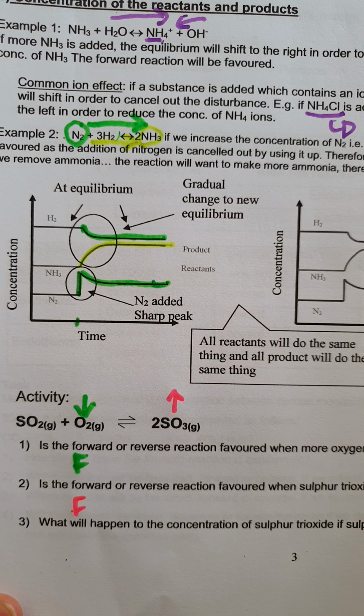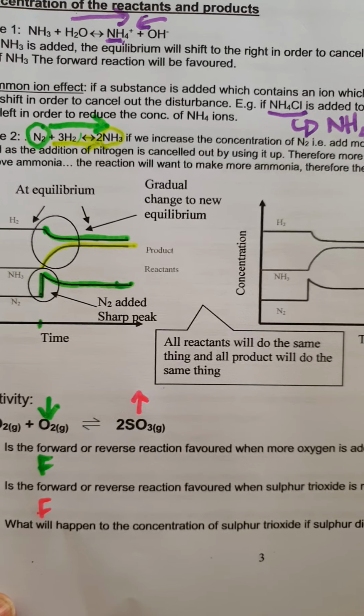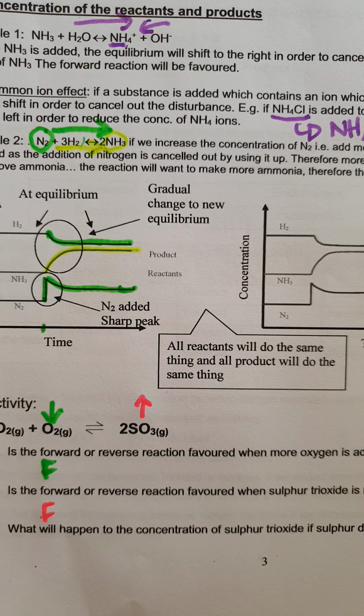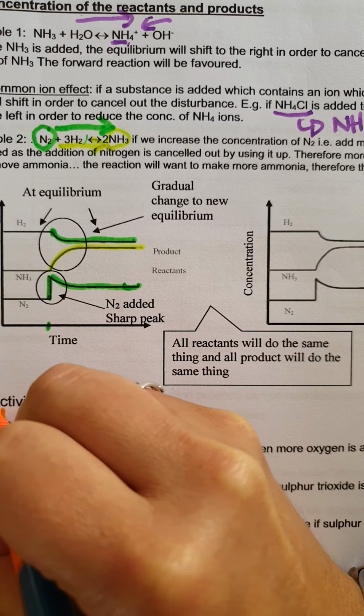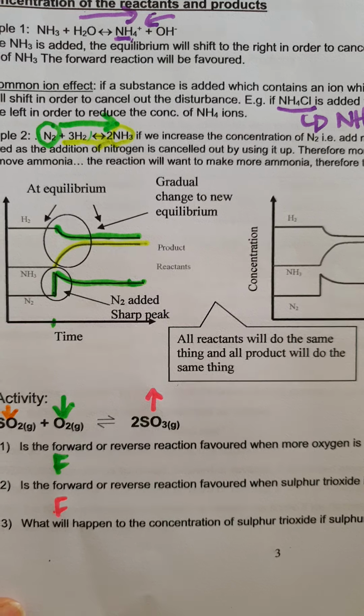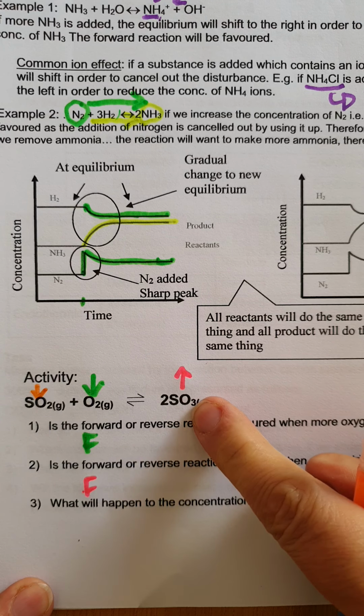What will happen to the concentration of sulfur trioxide if sulfur dioxide was removed? Right, so if we take this and remove it, what's going to happen to this?